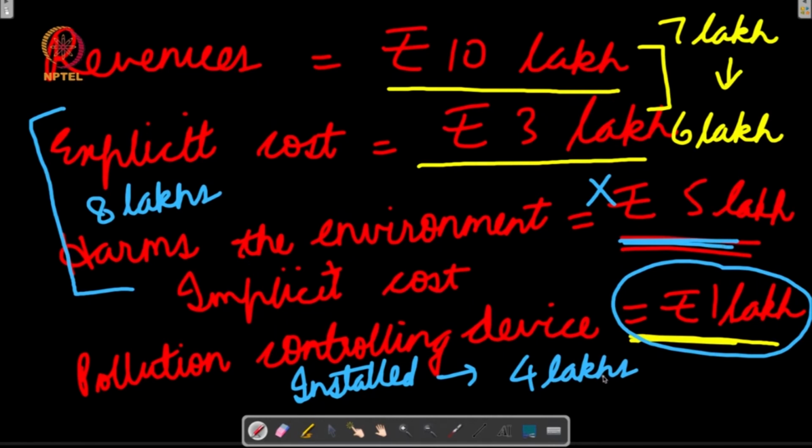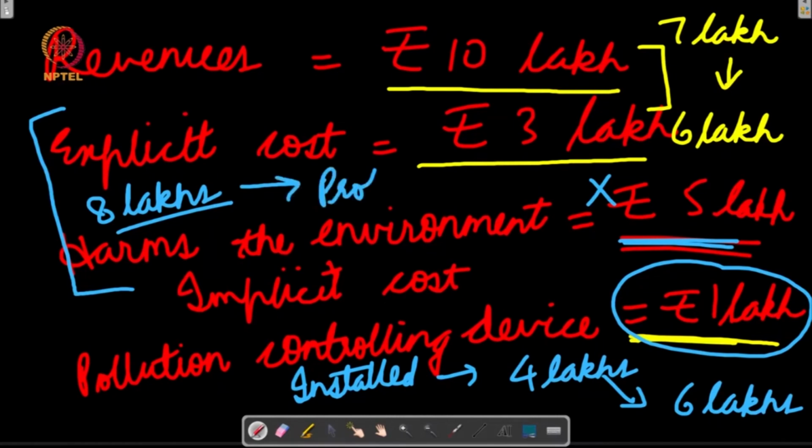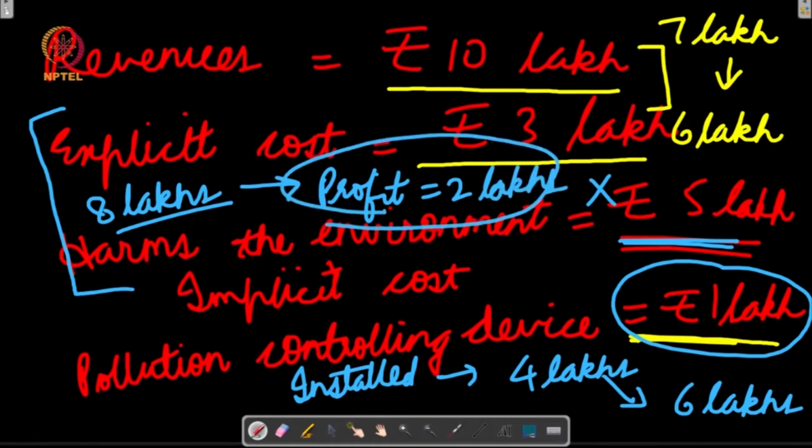And so the profit would be 10 lakhs minus 4 lakhs is 6 lakhs. But currently, without the device, the total cost is 8 lakhs of rupees, and so the net profit is 10 minus 8 is 2 lakhs. So currently the profit is 2 lakhs. With the device, it will increase to 6 lakhs. So the economist would say that the firm should install this pollution controlling device.